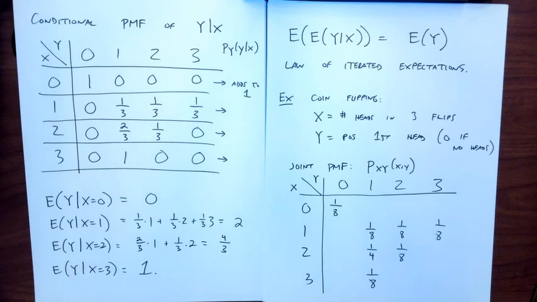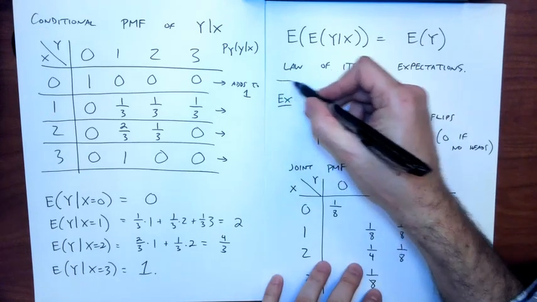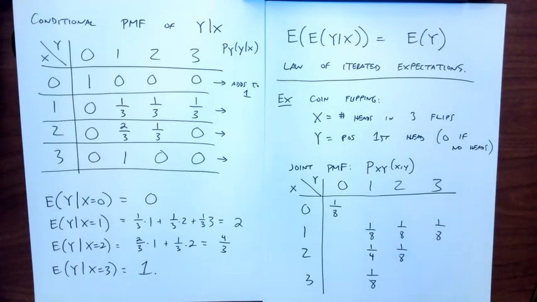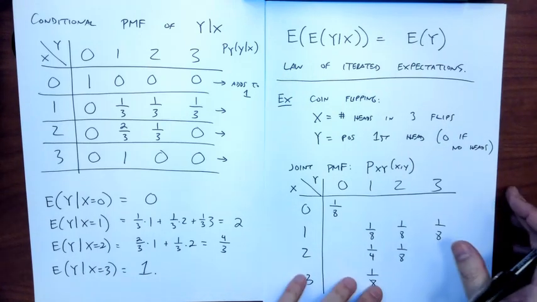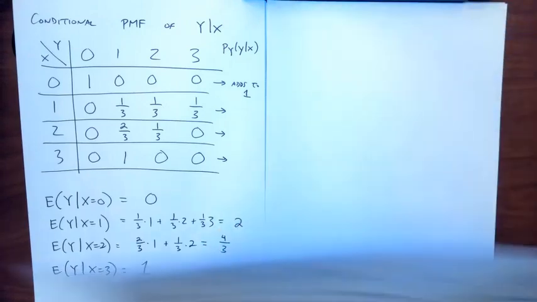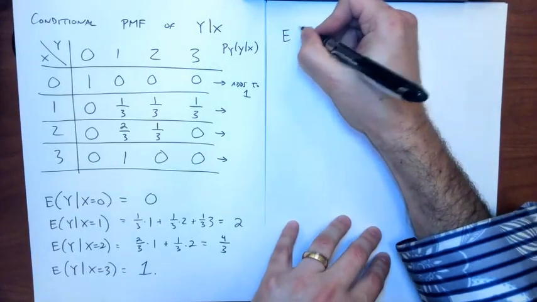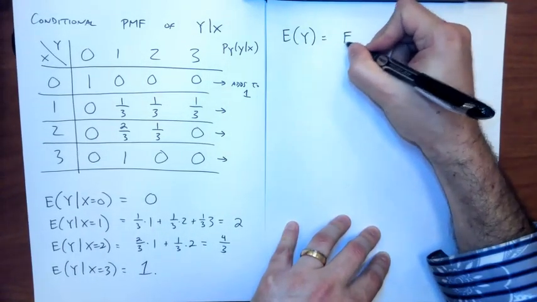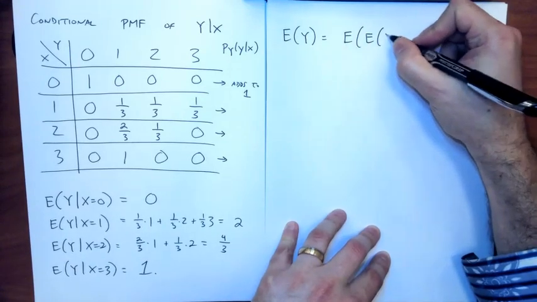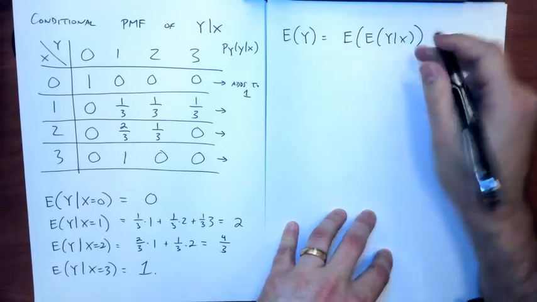And then if I wanted to apply the law of iterated expectations, this is like saying, what if I want to figure out the overall expected value of y? The overall expected value of y is, by this rule, the expected value of y given x with respect to the x distribution.